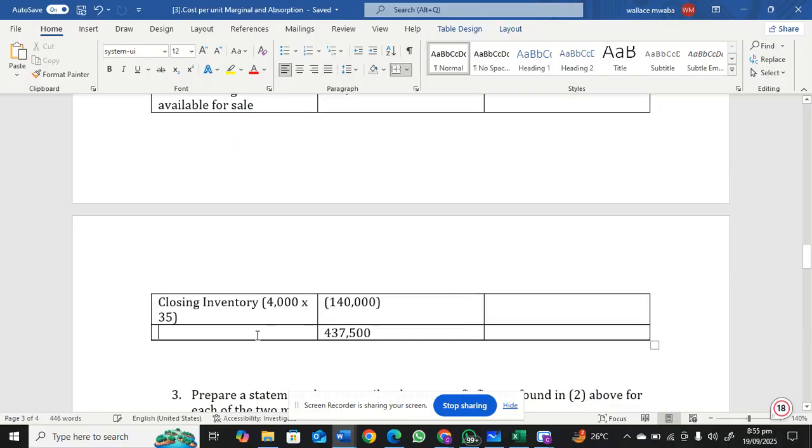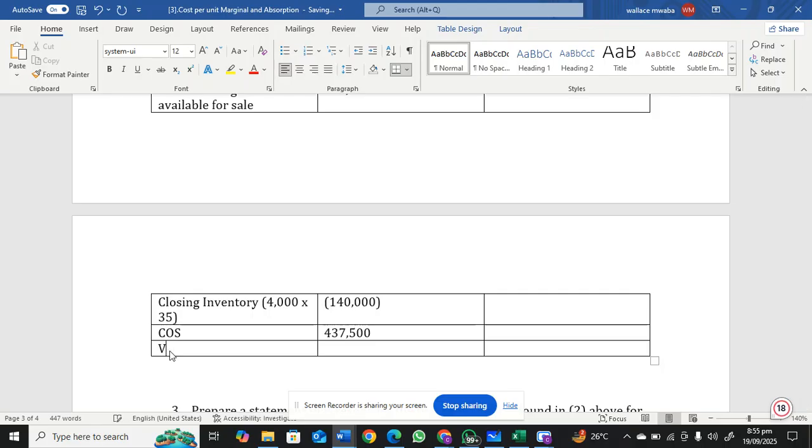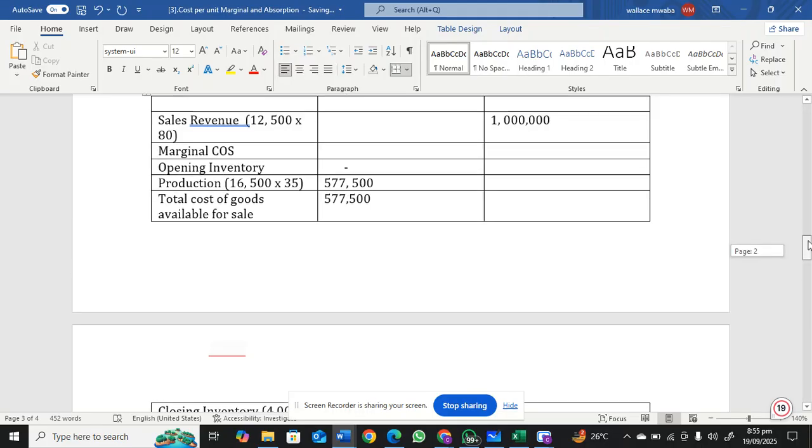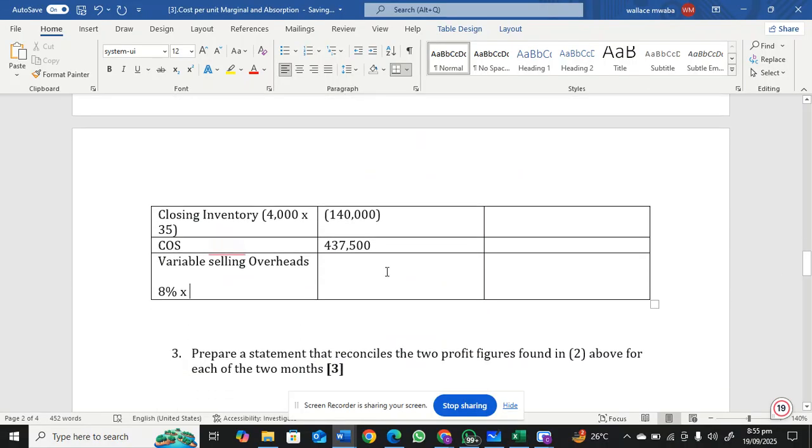So our cost of goods sold plus our variable selling overheads, you're going to get 8% of the sales value, which is 1 million. So 8% of 1 million, we get 80,000.